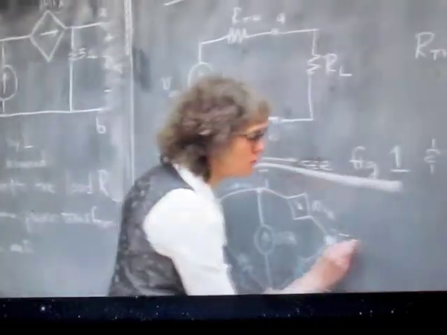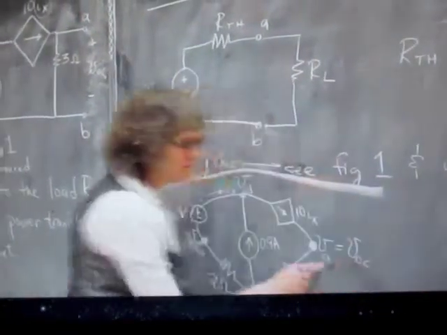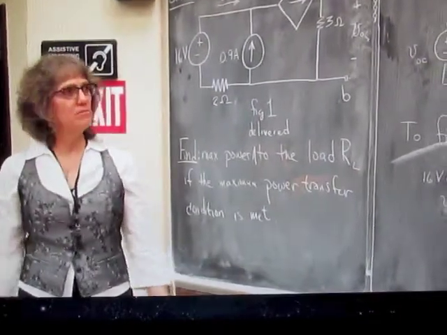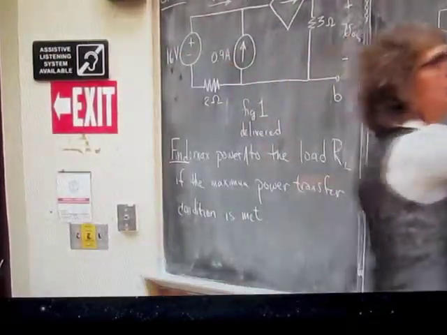And the unknowns, in this case, will be the node voltages. And if I can get the node voltage, I can get VOC, because notice that VOC is VA. So if I can get VA, then I'm halfway done with my problem.